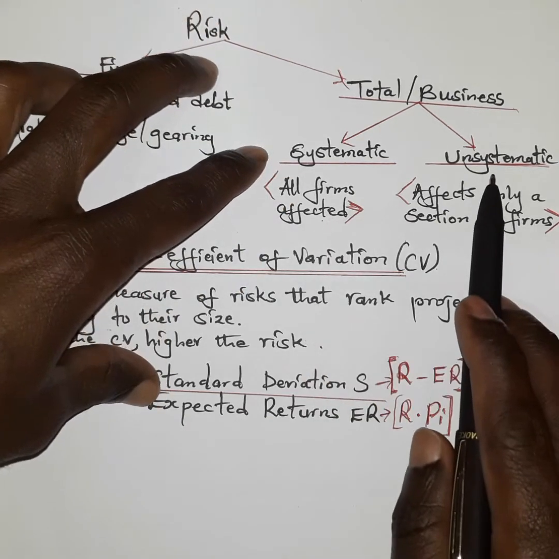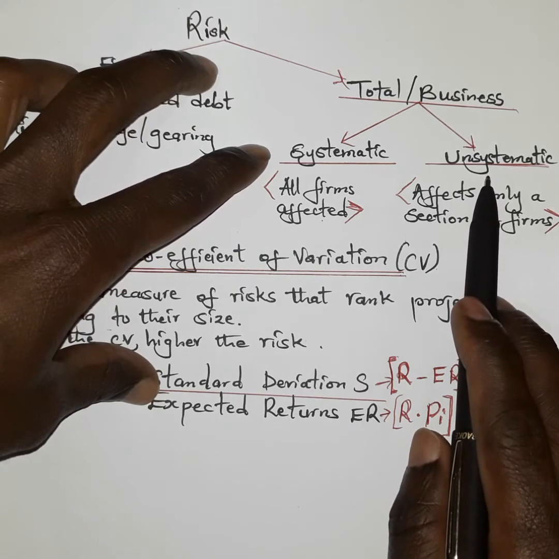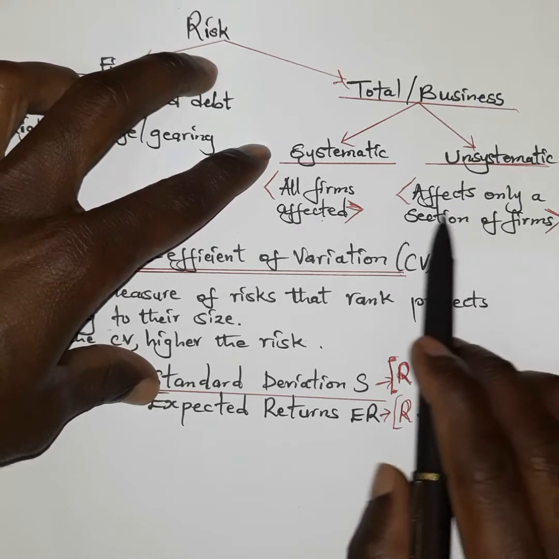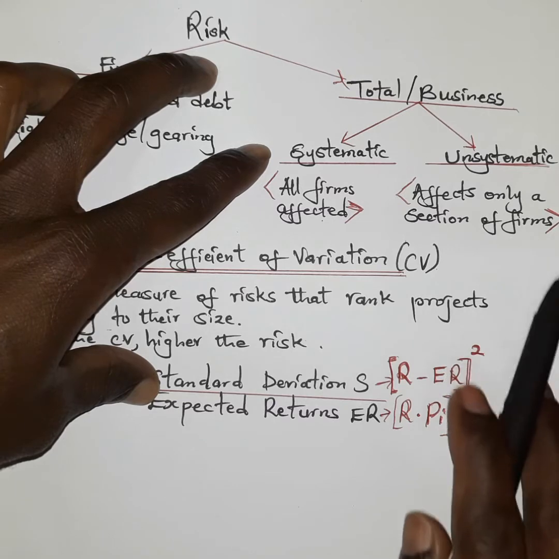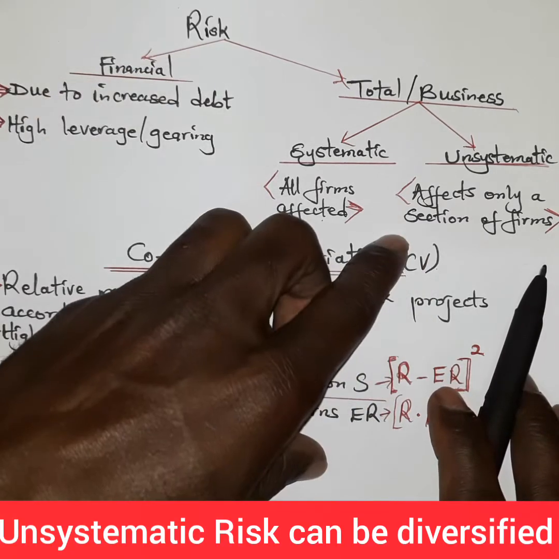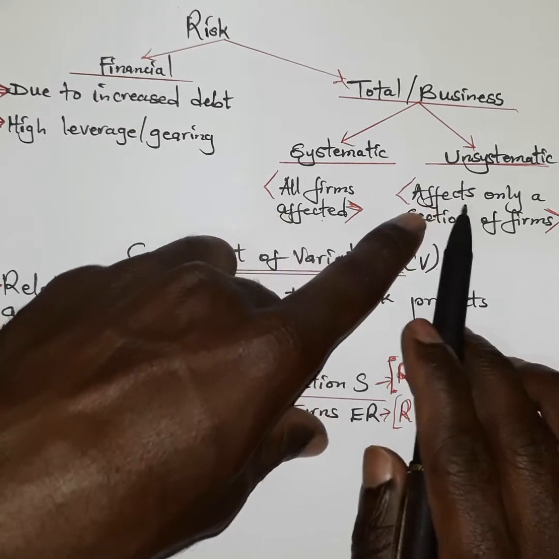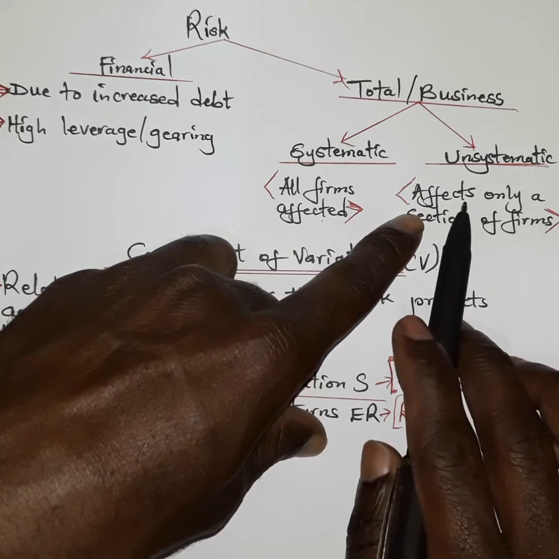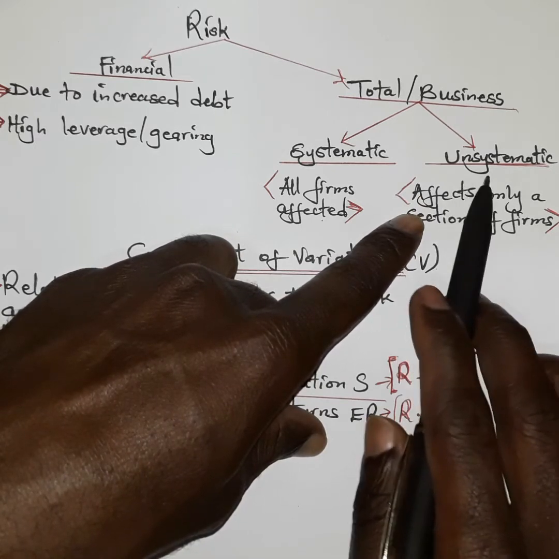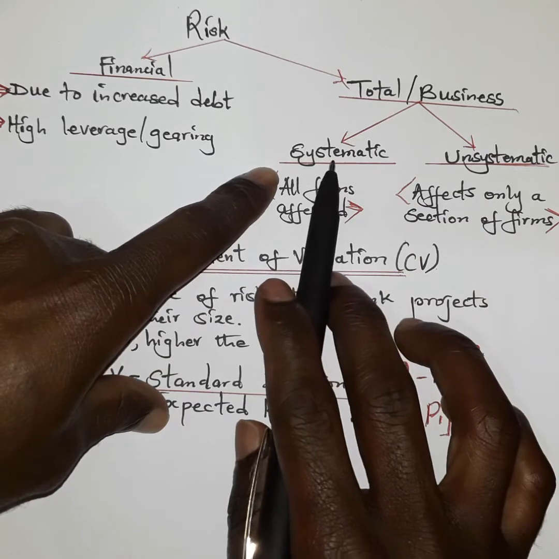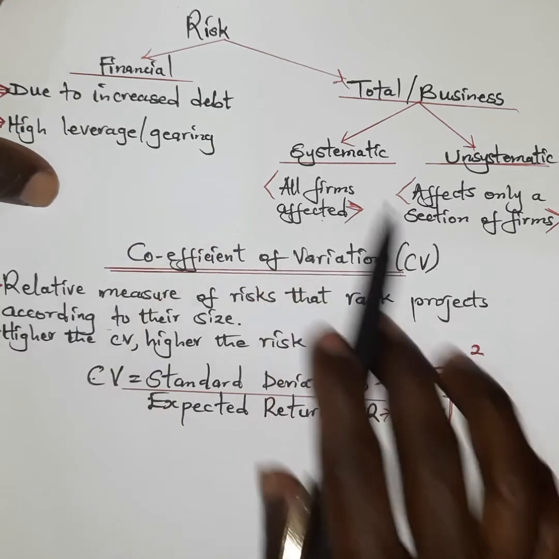Unsystematic risk affects only a section of firms in the industry. They won't affect all the firms, and for that matter, it is very easy to diversify. We can easily control unsystematic risks, while systematic risks are not easy to control.